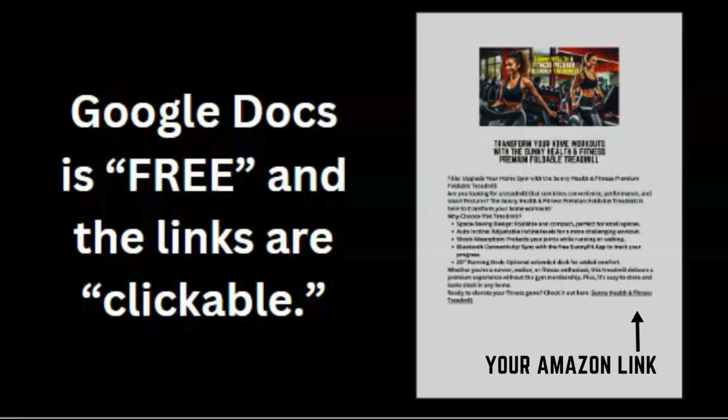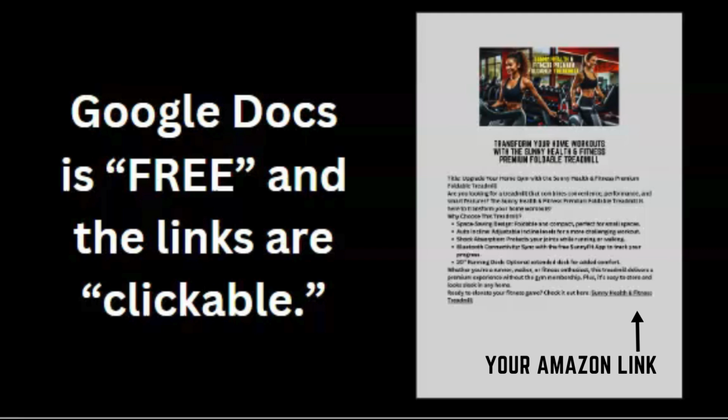The first place I went to after asking ChatGPT to write me a short sales blog, I went over to Google Docs. The reason I selected Google Docs is because you can place links on there and they are clickable, they are usable.